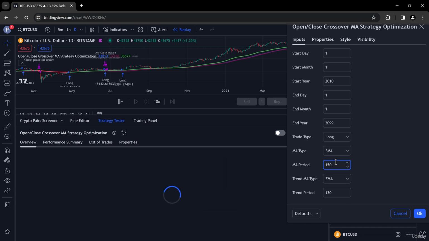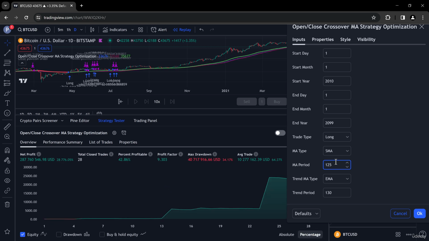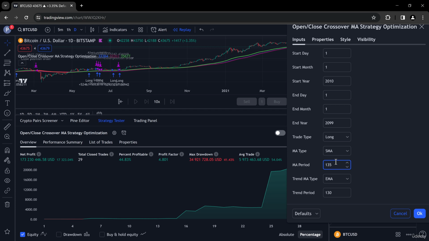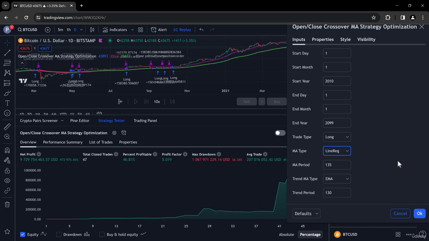Is it getting better? And in the other direction? No, it's much less compared to what we had before. Okay, it means that we found optimal parameters for this strategy on this selected market, and those optimal parameters are: linear regression MA type, 135 MA period, EMA for trend MA type, and 130 for trend period.